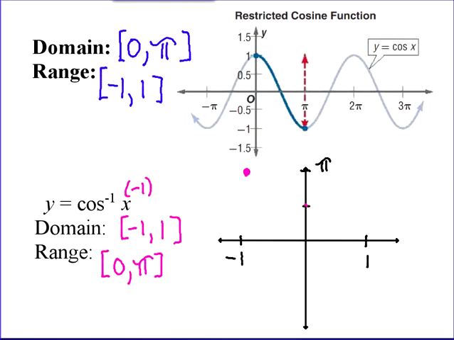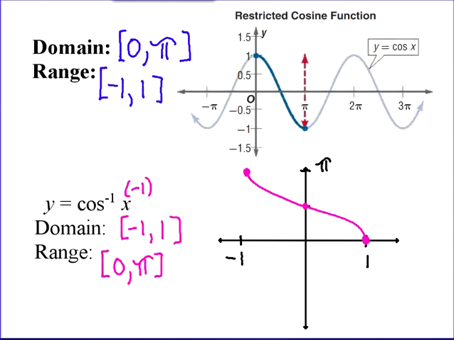What do you get at 1? 0. Okay. There you go. That's what your graph looks like. Now notice, all we're doing to graph these is we're just using -1, 0, +1.